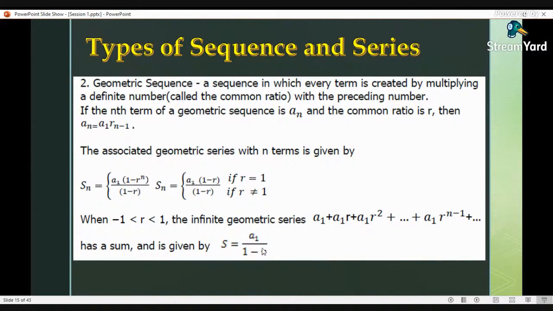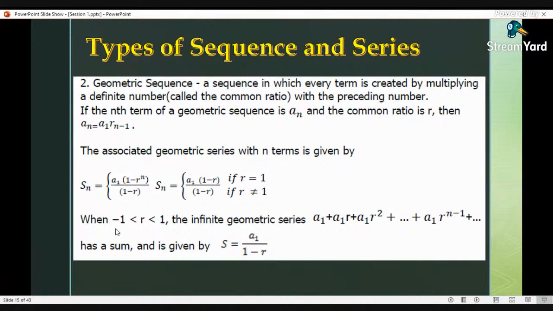The formula for the series, which is a sub 1 over 1 minus r, is only applicable if the values are between negative 1 and positive 1.